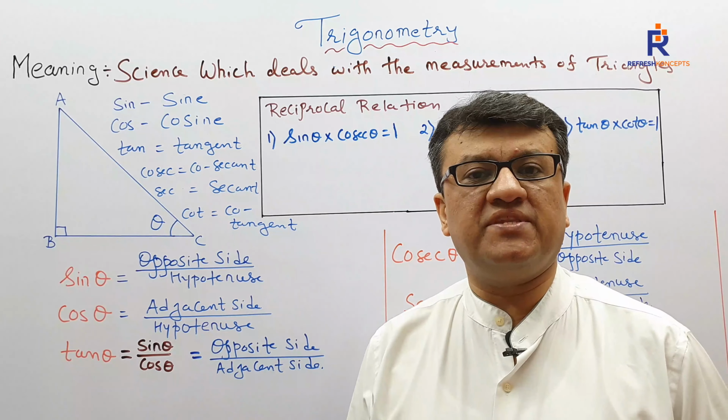Now, what are the exact abbreviations of sine, cos, tan? It is sine, S-I-N-E. We write it as S-I-N. It is not sin, mind you. It's sine. Cos, cosine, complement of sine. Tangent, tangent of an angle, which we write as tan.